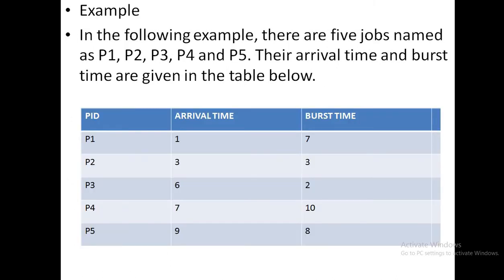So this is the example where the processes P1 up to P5 are available, and the arrival time and CPU burst time are given. The arrival time of P1 is 1, P2 is 3, P3 is 6, P4 is 7, and P5 is 9.